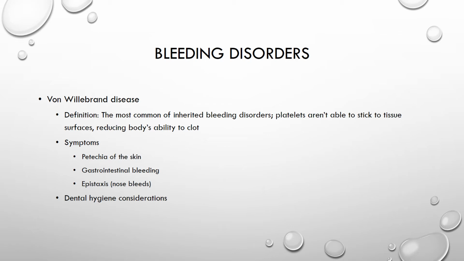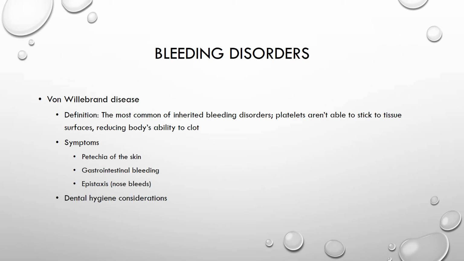One of the bleeding disorders that can cause some problems with clotting is von Willebrand disease. This is the most common of the inherited bleeding disorders. Platelets aren't able to stick to tissue, reducing the body's ability to clot, and this is because of the decrease in the glycoprotein that's needed for the platelets to stick together.